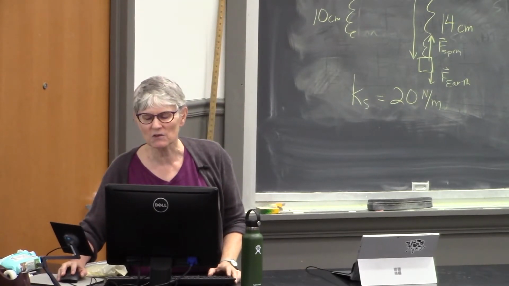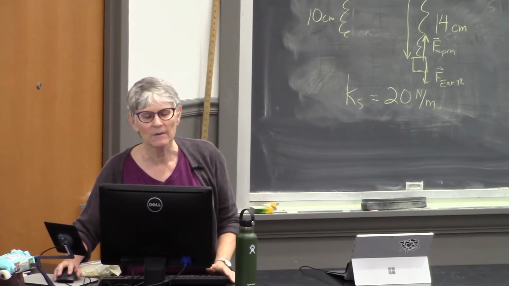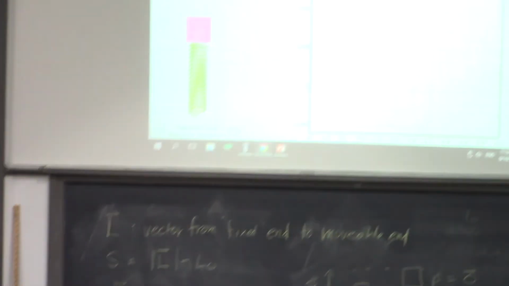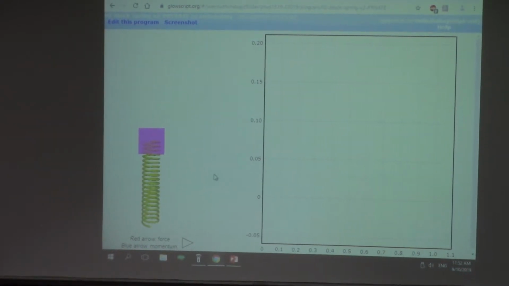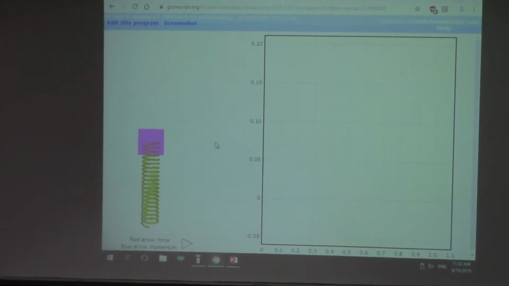So let's see what this would look like. Okay, so here's our block on a spring. And this is a graph, so it's going to make a graph of y versus t as we go along. Oh, that reminds me.